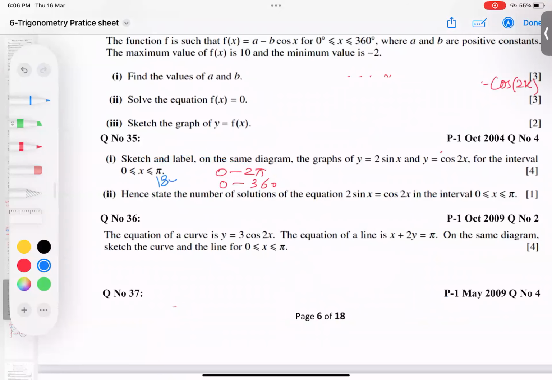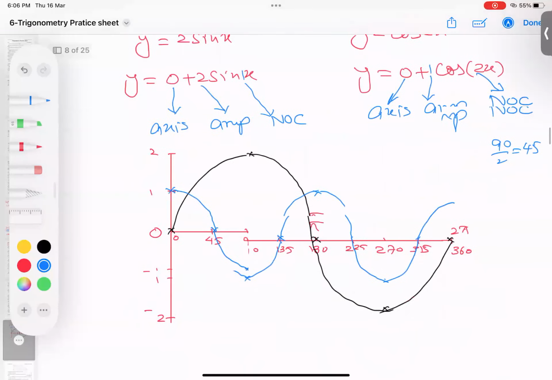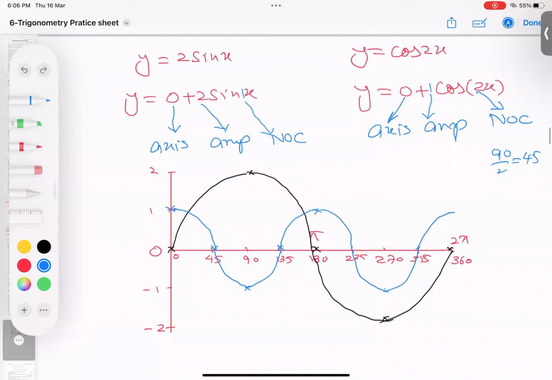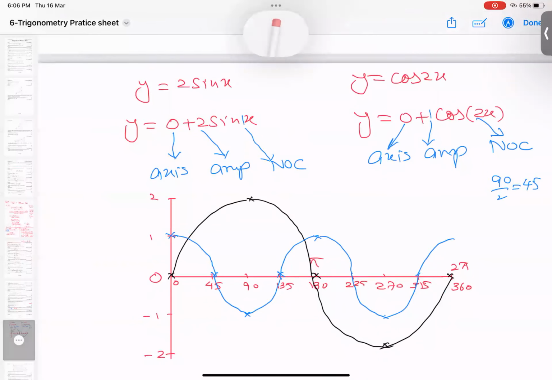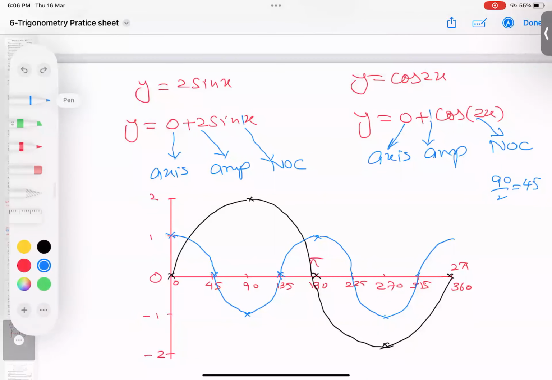But the problem is that he asked us to go till pi. Pi means 180, but I made it for 360 degrees just for the sake of your understanding, because naturally for 360 degrees this has 2 cycles. You can see the blue curve is 1 cycle.